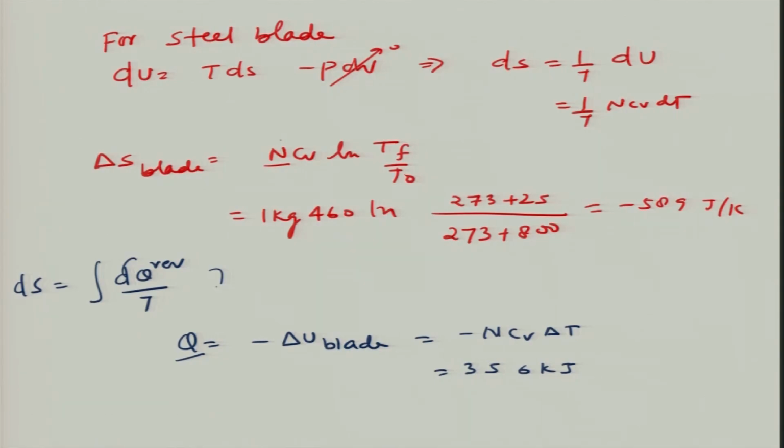So this is a thought experiment, and in this case Q transfer to water is done in a reversible manner. With this we can find the delta S for the water. That is going to be simply Q reversible by T, and that is what we can find out. So this is one way of doing it.